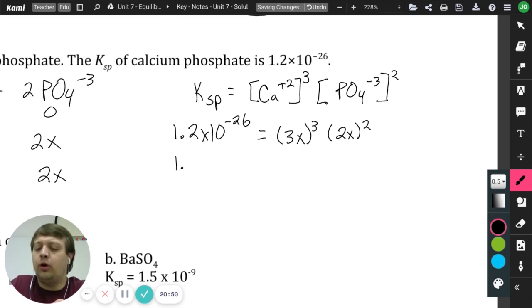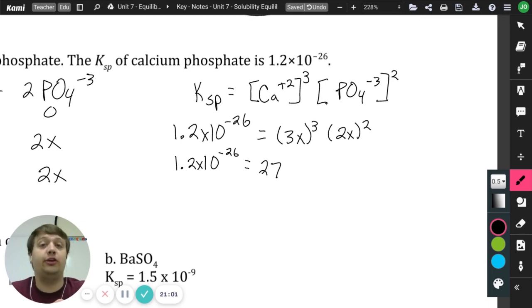So then 1.2 times 10 to the negative 26 equals 27, not 9, 27, common mistake there. It's 3 cubed, not 3 times 3. So it would be 3 times 3 times 3. So we'd get 27x cubed times 4x squared.